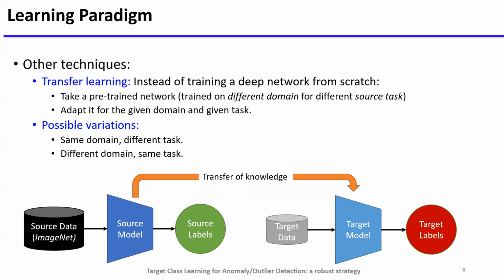There can be several possibilities. Sometimes we use pre-trained models of the same domain, but for a different task. And sometimes we use pre-trained models of different domains, but for the same task. So basically, transfer learning is an approach which we call transfer of knowledge from the source model to the target model.